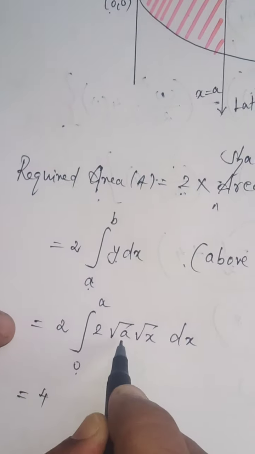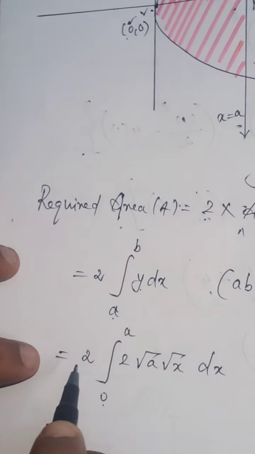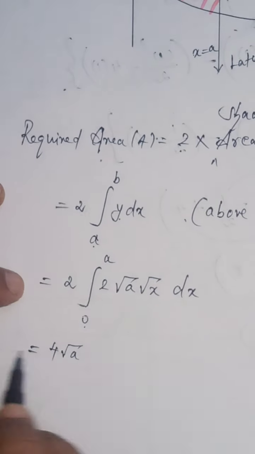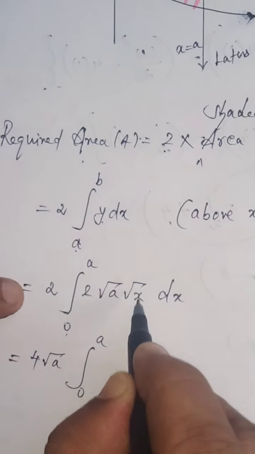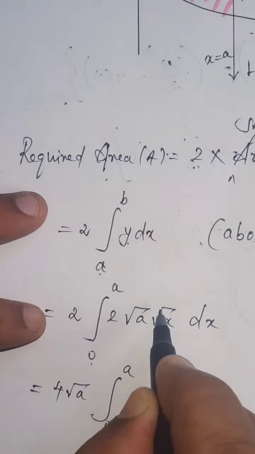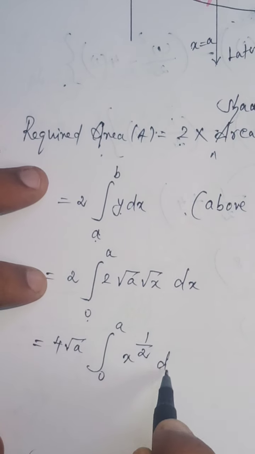Root a is a constant, because dx is there, x only is the function, others are all constant. 4 root a you can write outside the integral 0 to a. Root x can be written as x power half.